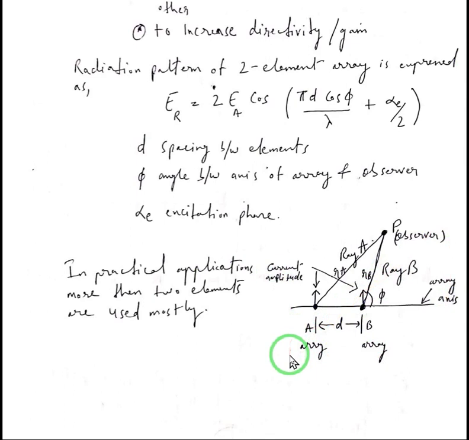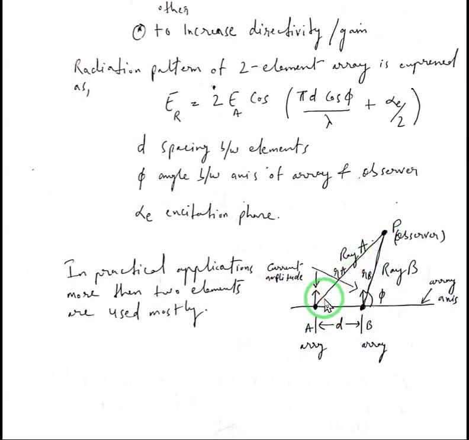Here's the figure that defines the two element array, that point is A and the other point is B. These are the two elements that are connected to make an array antenna. This is the observer, or we can say the receiver.